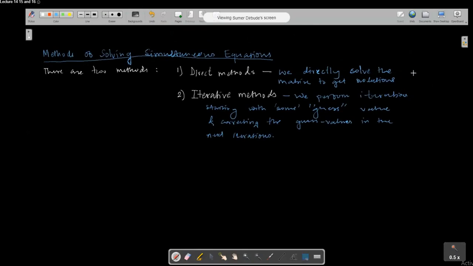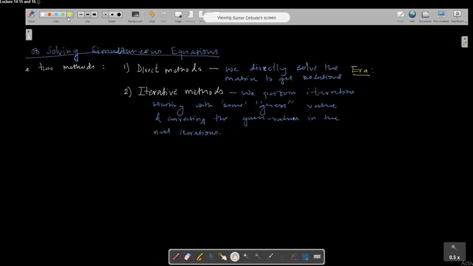Examples of direct methods: one popular example is the Gauss elimination method. You have heard of this, isn't it? Gauss elimination. Or a basic method which is also called Crout's method. These are some of the examples.